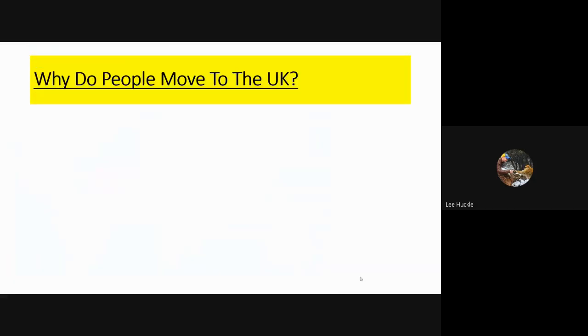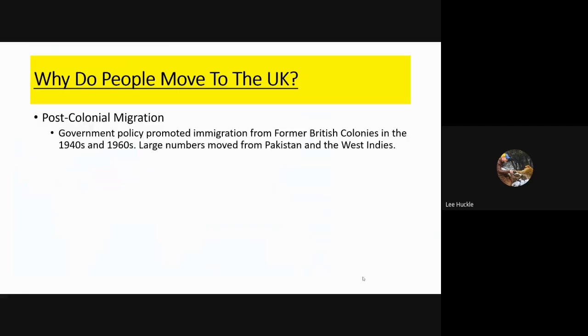So you'd have then looked at why do people move to the United Kingdom? And using that previous map, you'd have discussed and explained this as a class. You'd have looked at what we call the post-colonial migration. And many of you wouldn't have known that it was actually government policy that promoted immigration from former British colonies.